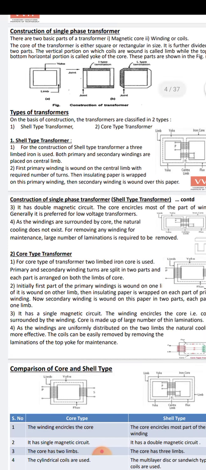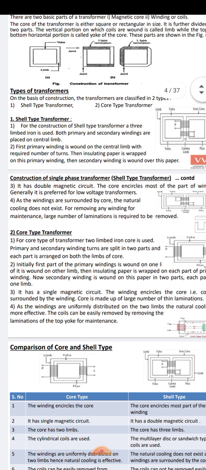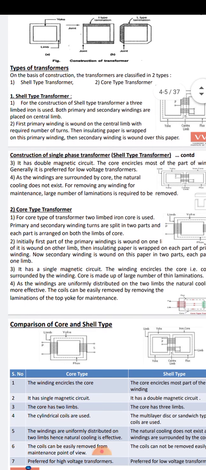First, the primary winding is wound on the central limb with the required number of turns. The insulating paper is wrapped on this primary winding. Then the secondary winding is wound over this paper.